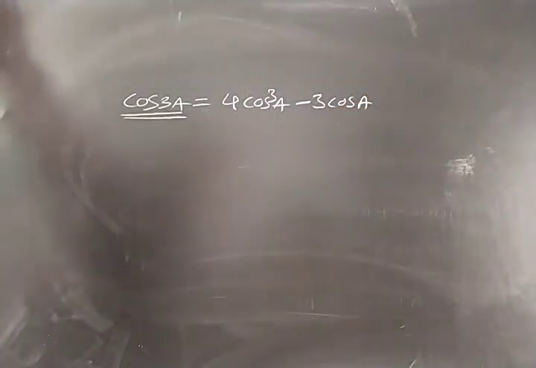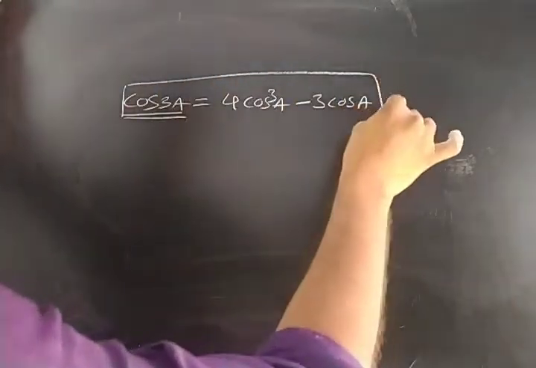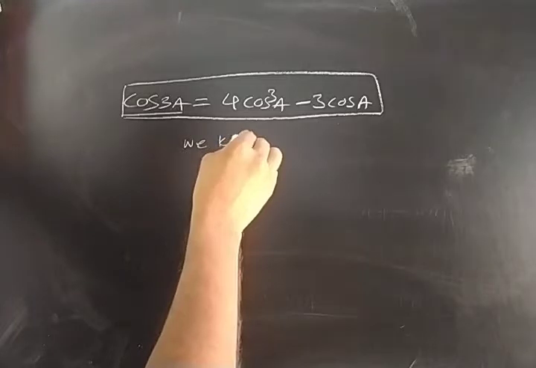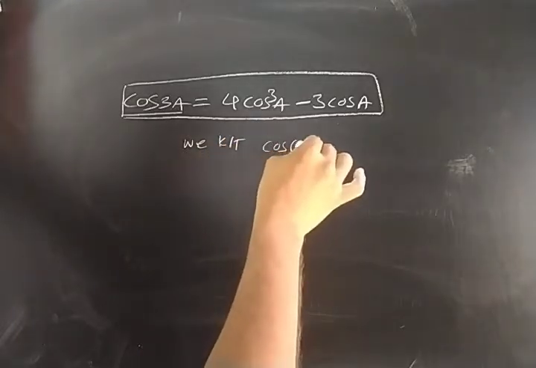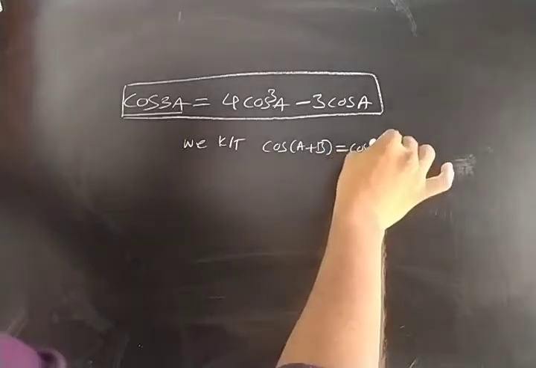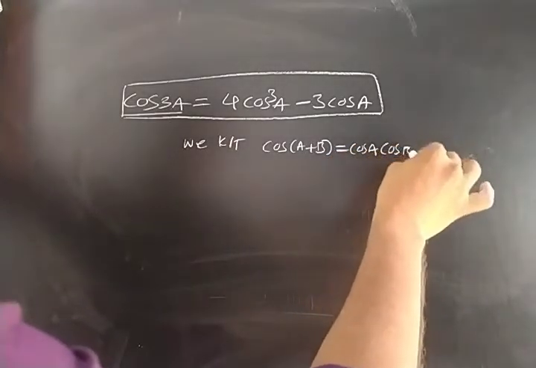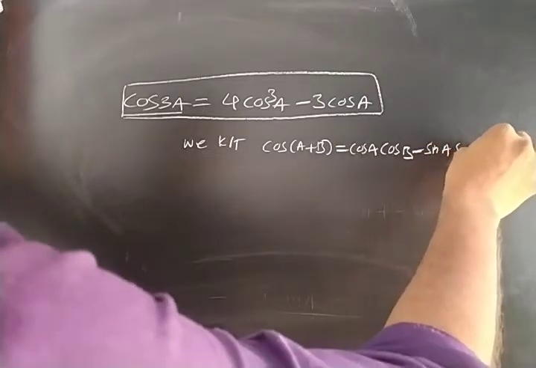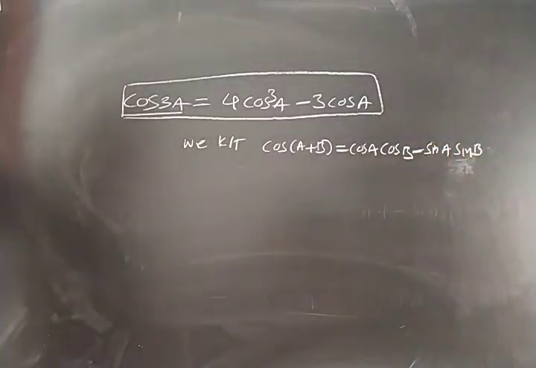Let us prove this. Again we know the cos a plus b formula: cos a plus b is cos a cos b minus sin a sin b.